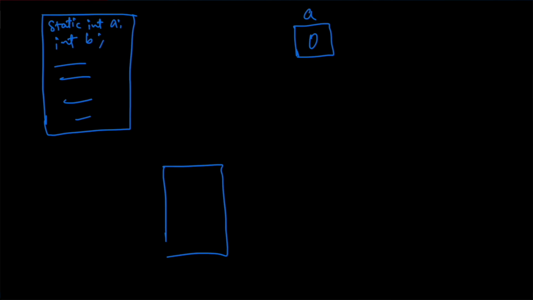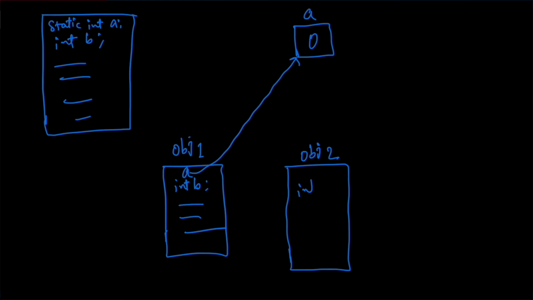Now suppose you are creating an object obj1. The rest of the normal variables will be copied every time, but the reference for the static variable will be pointing to this common location. Suppose you are creating another object, the rest of the normal variables will again be copied, and this static variable will be pointing to this common location.